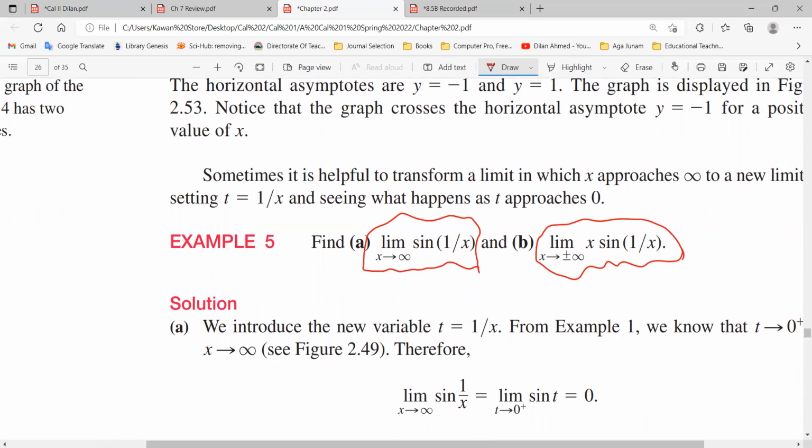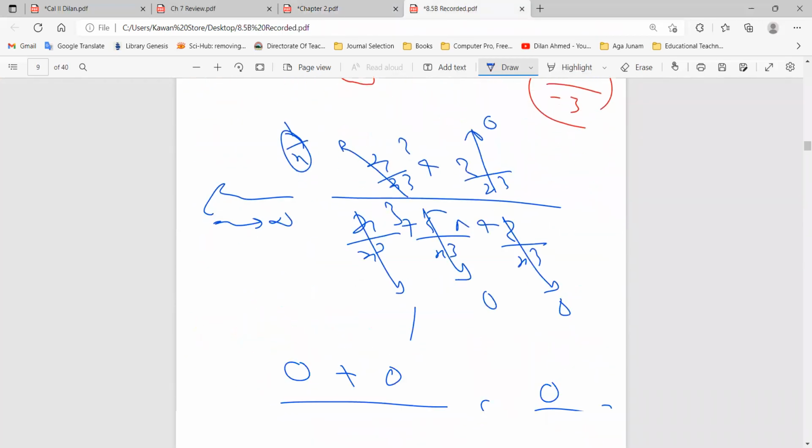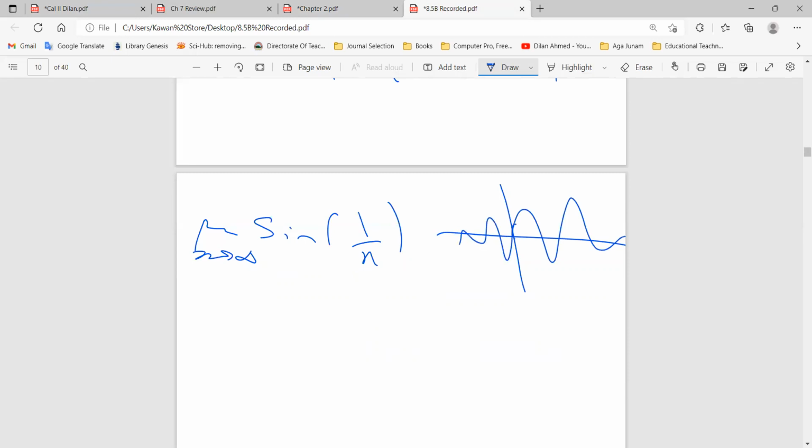So if we have sine of 1 over x and x approaches infinity, maybe we cannot deal with it. Why? Because we don't know what sine does when going to infinity. It's like that, it's like that, we don't know.